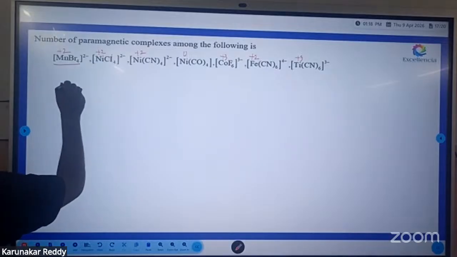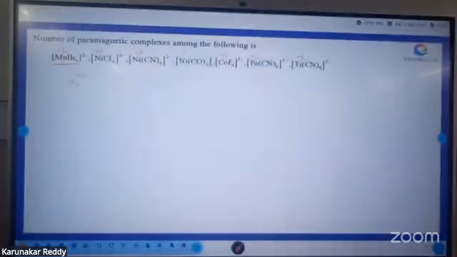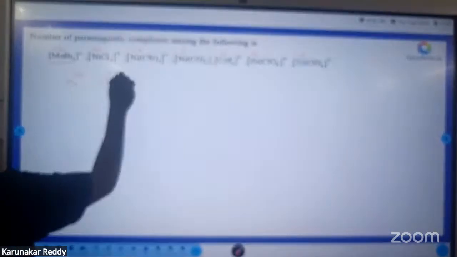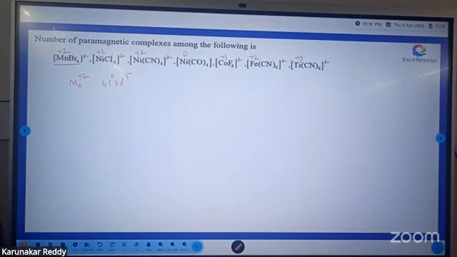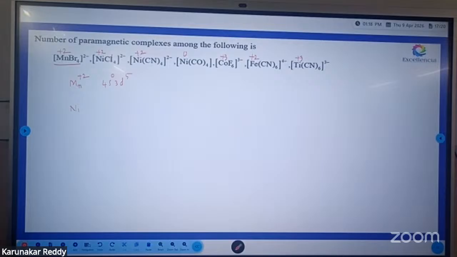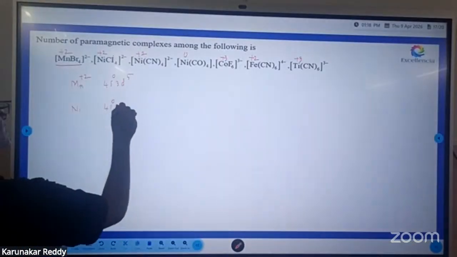Now Mn +2: it's actually atomic number 25, 4s2 3d5, but we can write 4s0 3d5 over here, a 3d5 configuration. And for nickel +2, nickel is 28, so from there you remove 2 electrons, meaning 4s0 3d8.